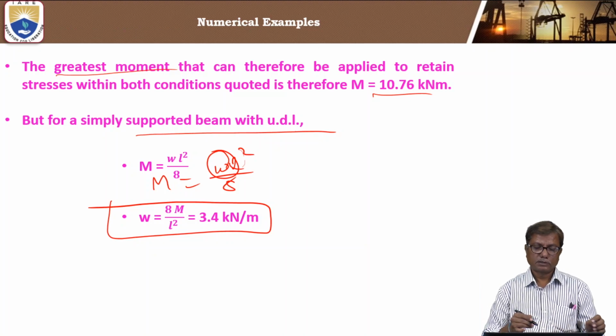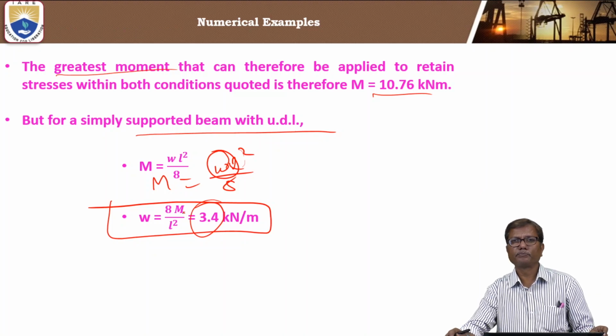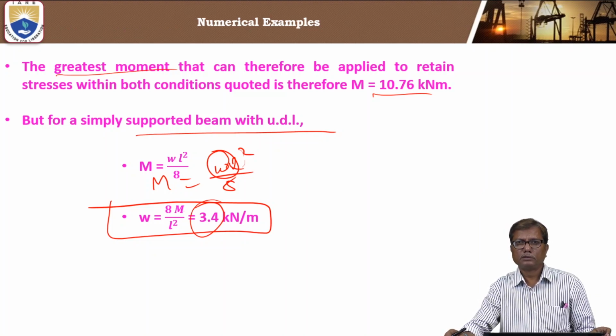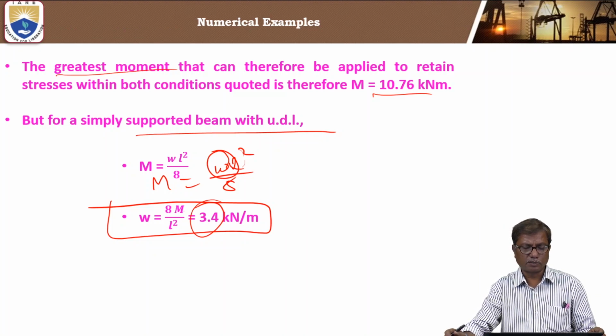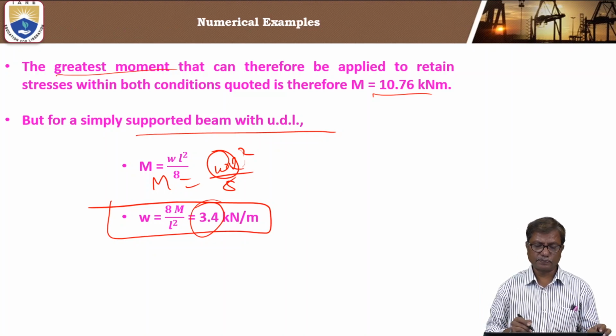For this, we can apply again the factor of safety. This is the maximum load that can be applied, and the safe load is obtained by applying some factor of safety.